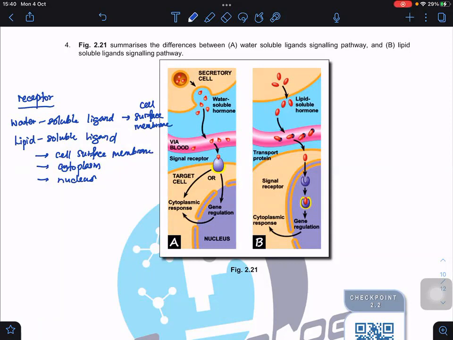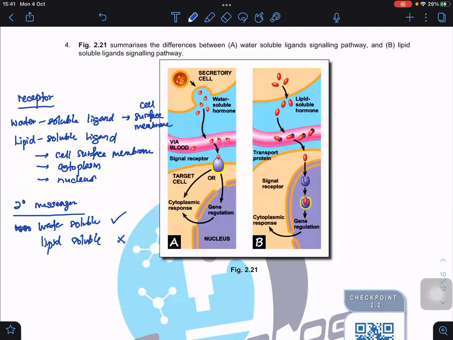Then definitely we have many other differences, for example, the secondary messenger. For water soluble ligands, yes, you have production of second messengers, but for lipid soluble ligands, no secondary messenger is needed. Why?